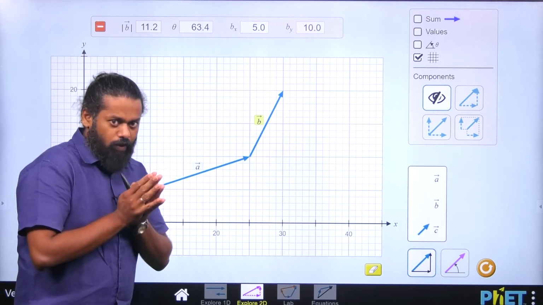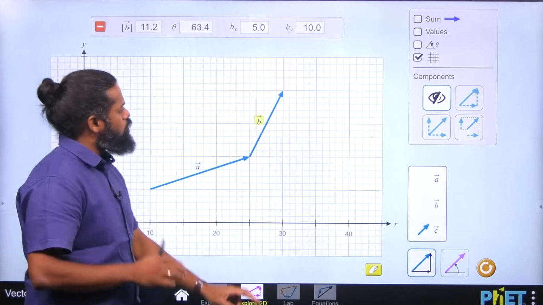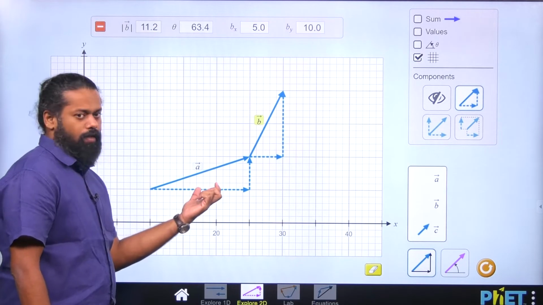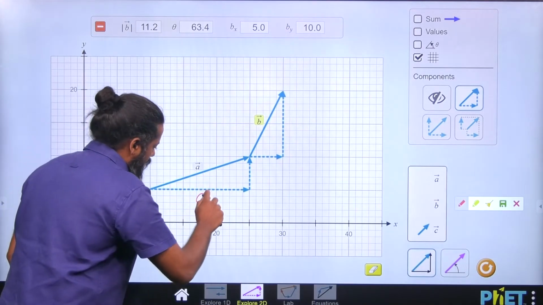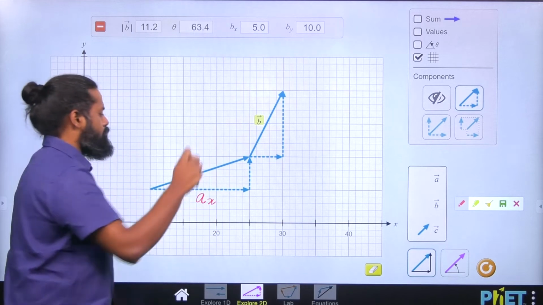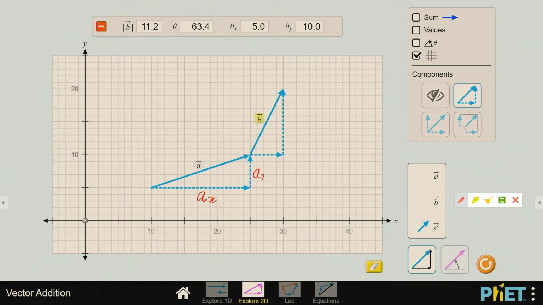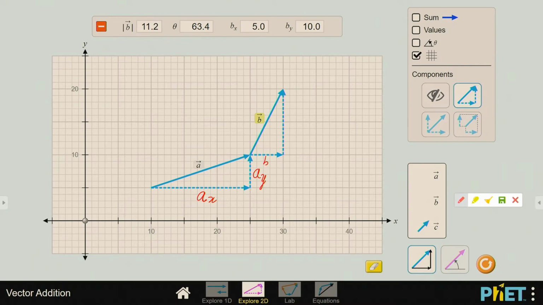The resultant force we can find by taking the components of these forces. If I take A, you have components here. This is the x component of A, AX. Similarly, this is AY, and for B again we can say this is BX and this is BY.